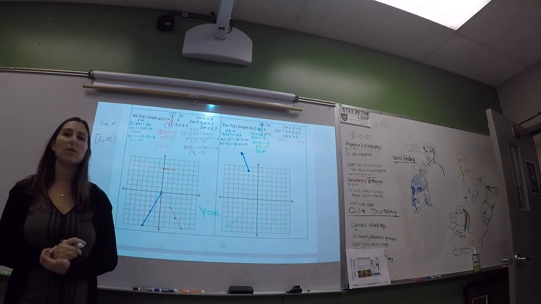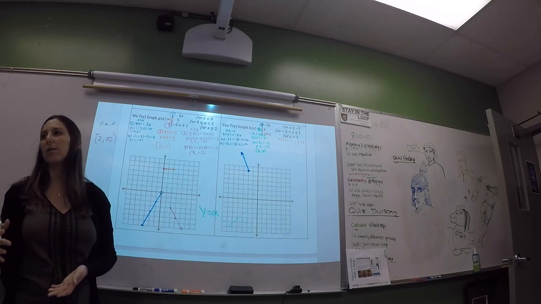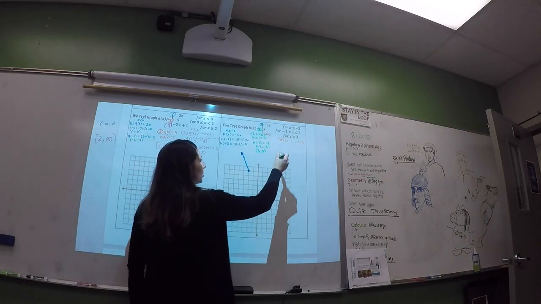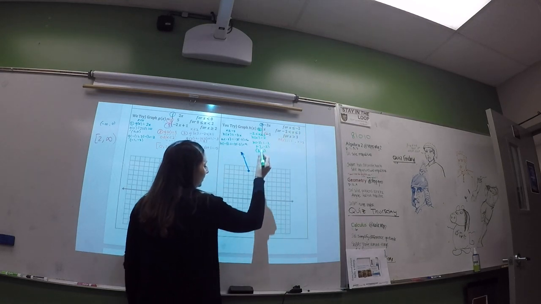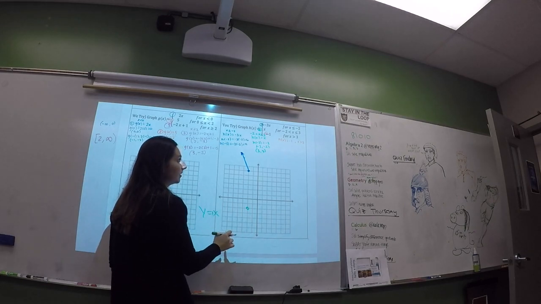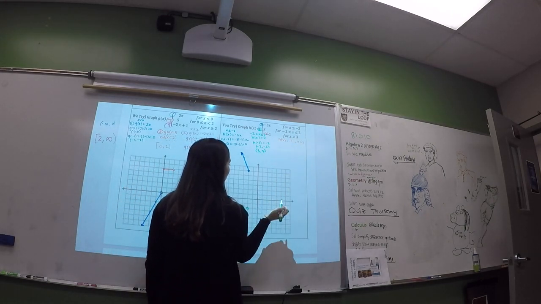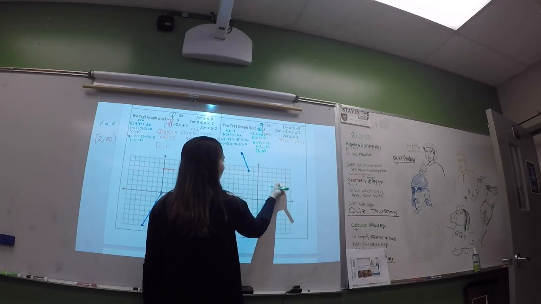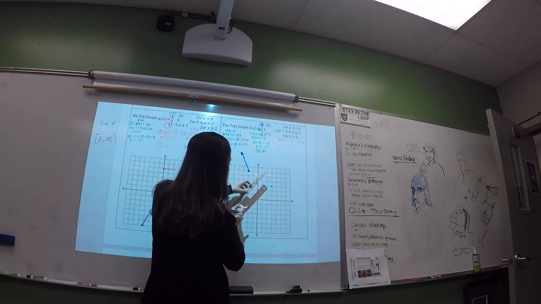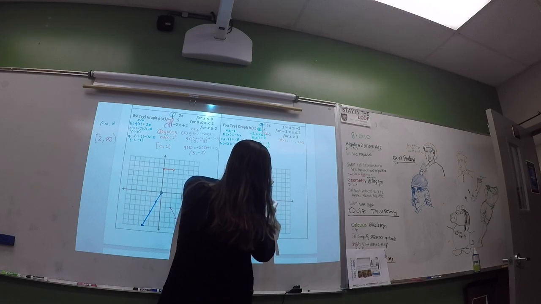That doesn't mean it's a horizontal line, it just means that x and y are the same value. It's still going to slant. The -2, -2 is open, but the 3 is included, so 3, 3 is solid. So see how it's still slanted.